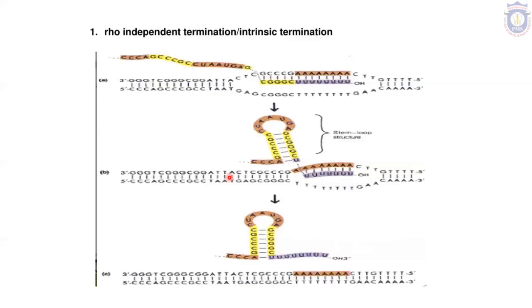This is the GC-rich area accompanied by uracil moieties. It will form a stem and loop structure, and then it will be cut off from the transcription complex. After it is released, the immature RNA will be converted into a mature RNA with post-transcriptional modifications.